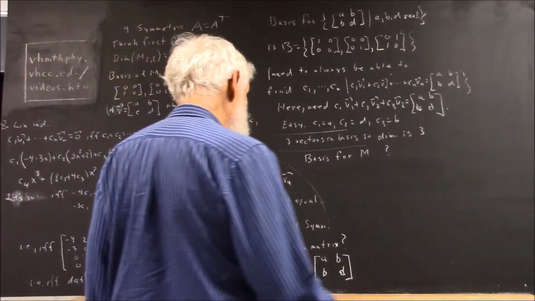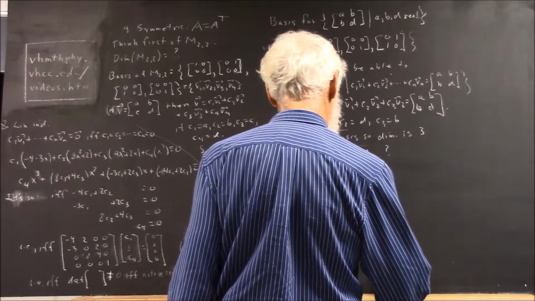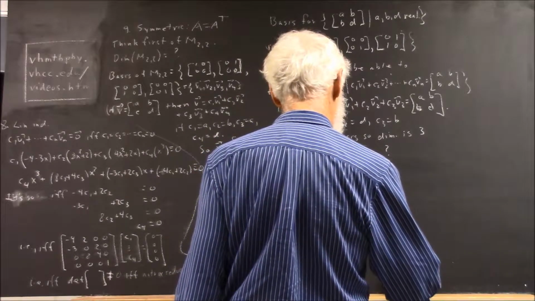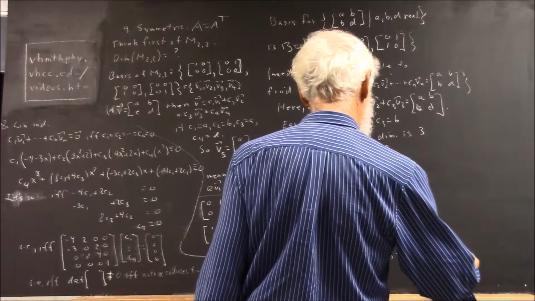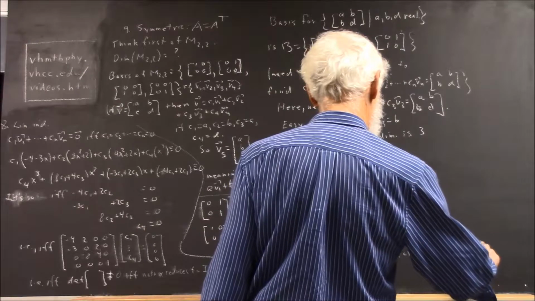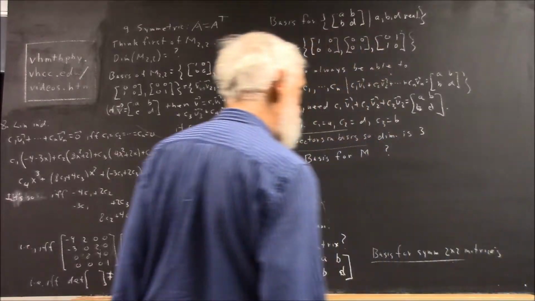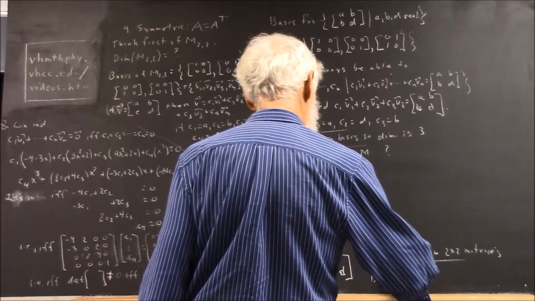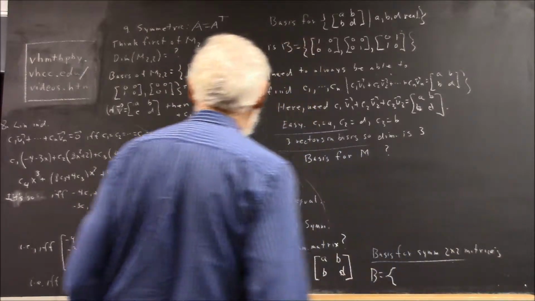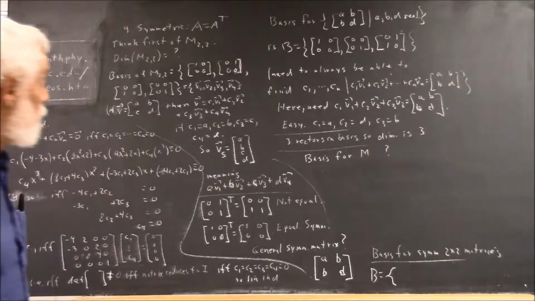Now we want to get a basis for symmetric 2 by 2 matrices. How do we do that? Well, let's look up here and see which ones of these could go into that basis.